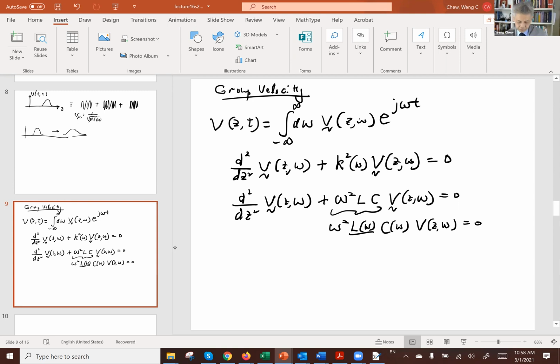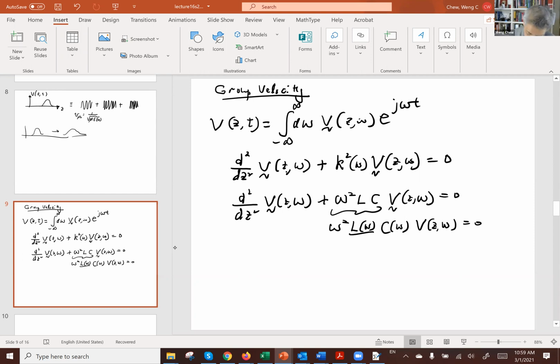So this equation can be the Helmholtz equation that follows from transmission line theory, where both the inductor and the capacitor are frequency dispersive. In that case, how would a signal propagate on this thing?